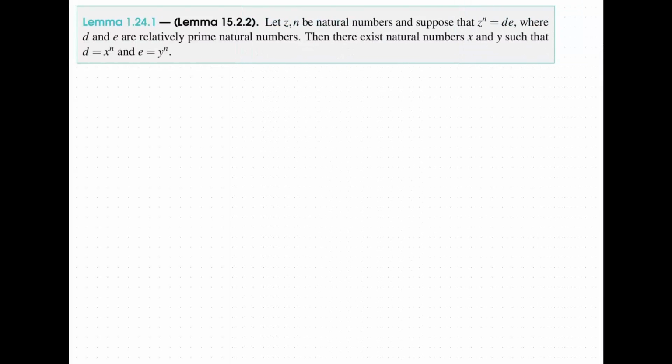And so the first statement is that if we have z and n natural numbers such that z to the n is equal to d times e, where d and e are relatively prime natural numbers, then there exist some natural numbers x and y such that d is equal to x to the n and e is equal to y to the n. So let us go ahead and prove this result.